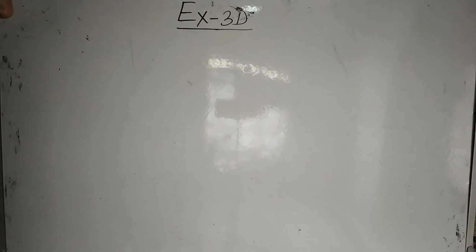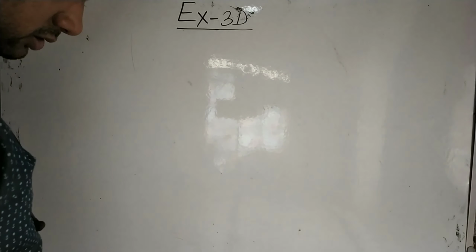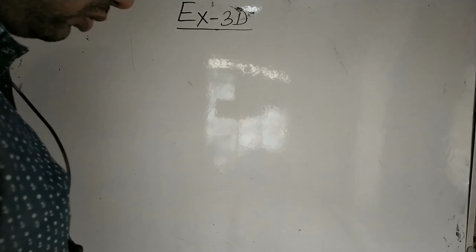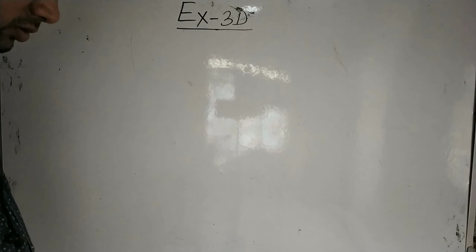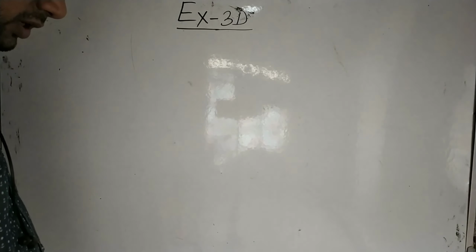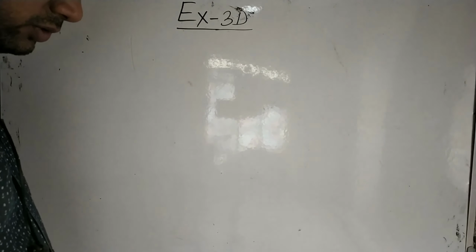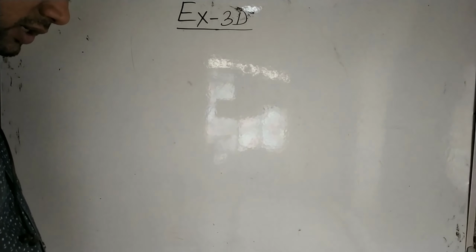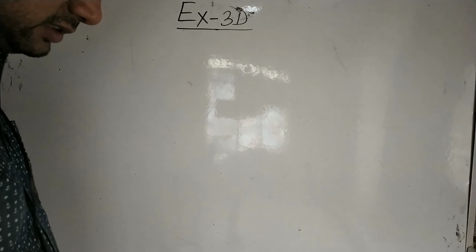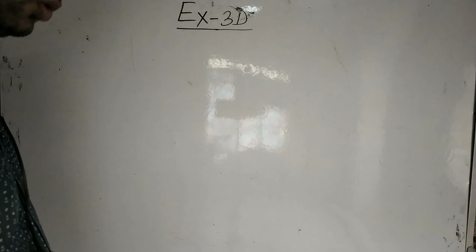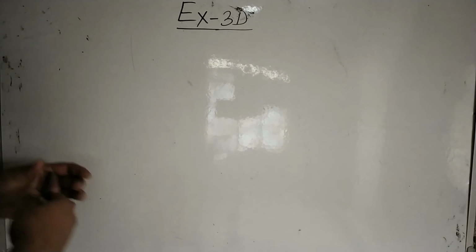Okay. Next question, question number 15. 1225 plants are to be planted in a garden in such a way that each row contains as many plants as the number of rows. What does it mean?